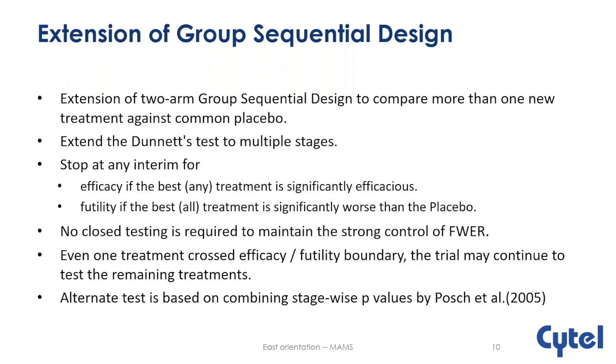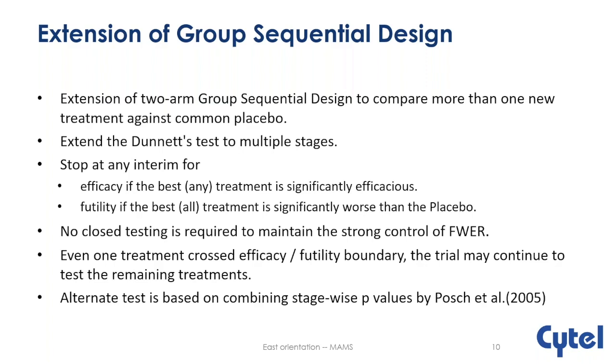At any interim look, we have an opportunity to stop the study for efficacy or for futility. As this is an extension of a group sequential design, that means we construct efficacy and futility stopping rules based on known spending functions.